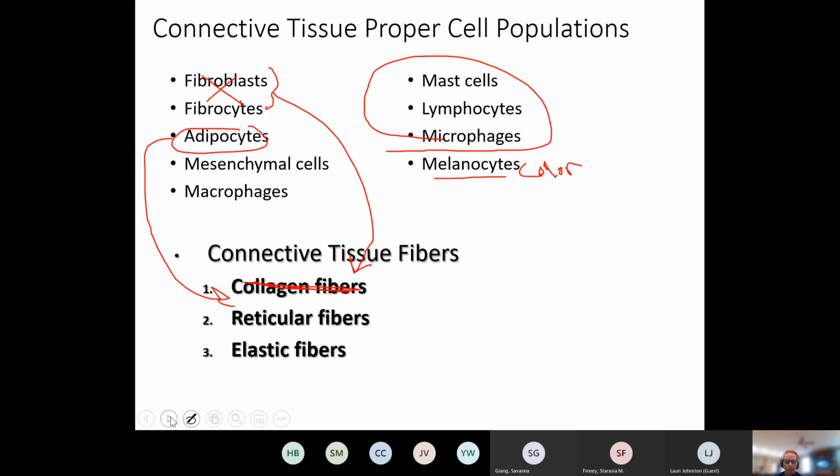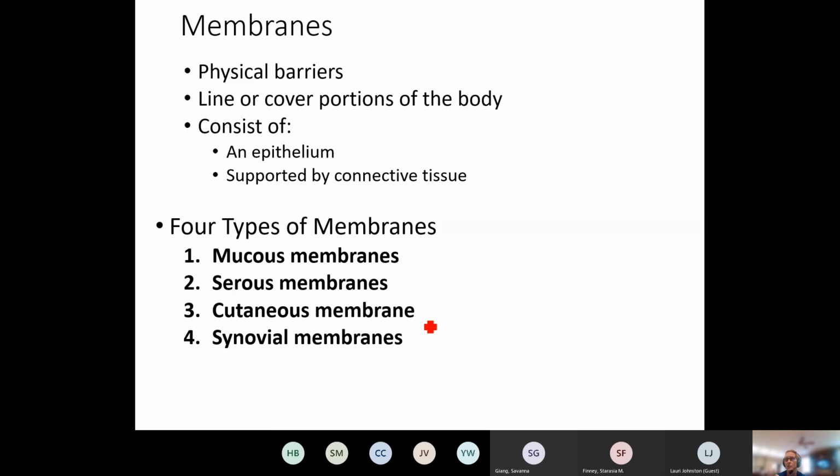Okay. All right. So that should be a good little overview to help you as you go through those labs that we'll then review on Tuesday next week.